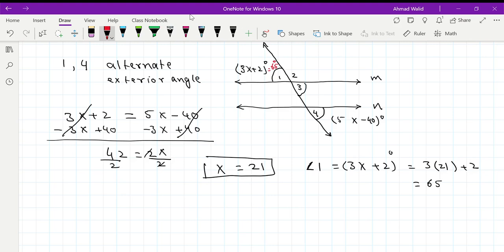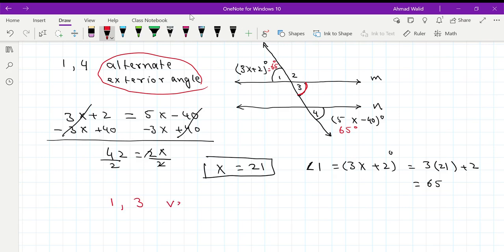Okay, even without plugging 21 in, how much should be angle 4? Immediately, because of this relationship, even if I don't want to plug in 21 again in 5x minus 40, why should I work if I know this relation? Immediately I know this one is also 65 degrees because they are equal. Okay, if this is 65, how much is angle 3, which they are asking? You see, angle 1 and angle 3, they are what?